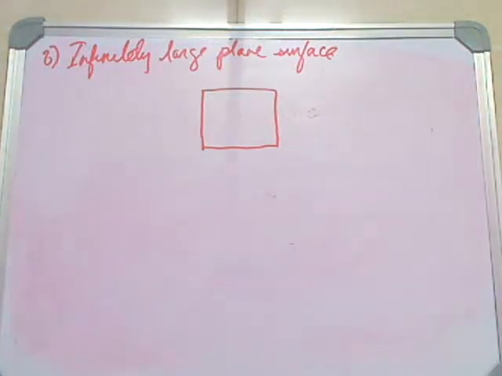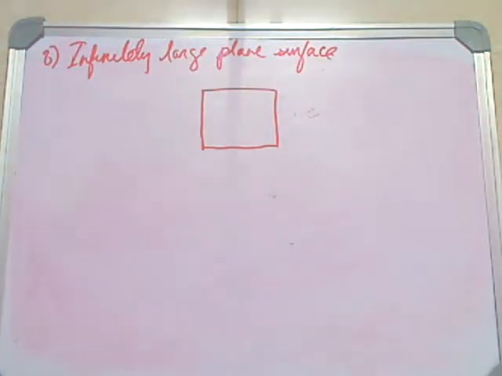So imagine something which is infinitely large. Now, if you are a bit of a realist, an object which is infinitely large here would be the universe itself. Considering it's ever expanding, that's the best example that I could say that fits something which is infinitely large, which is an infinitely large plane surface.